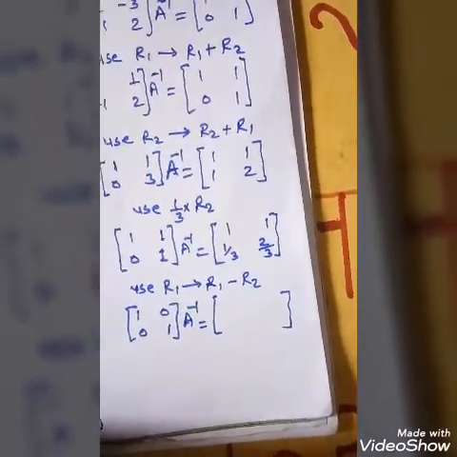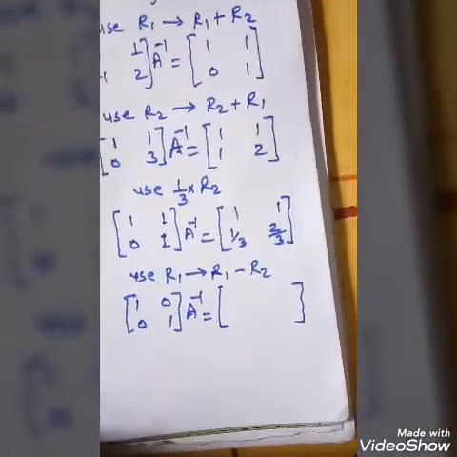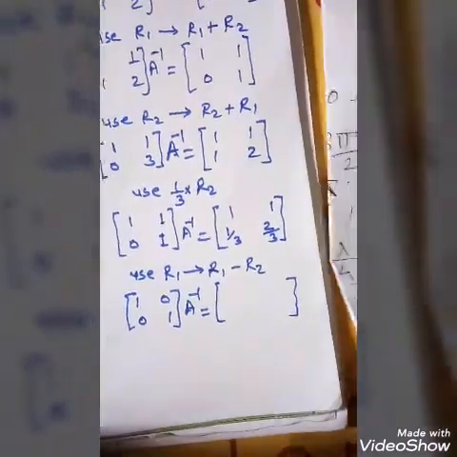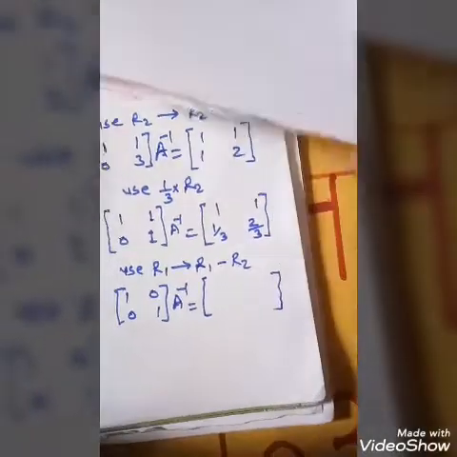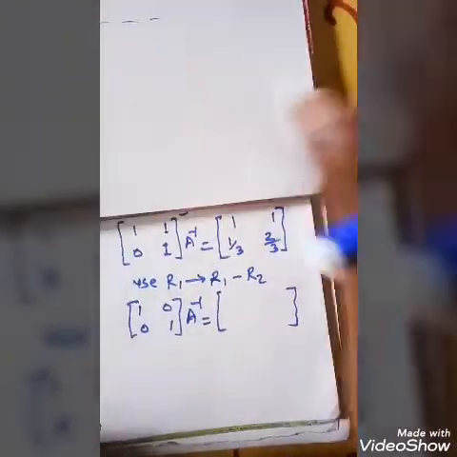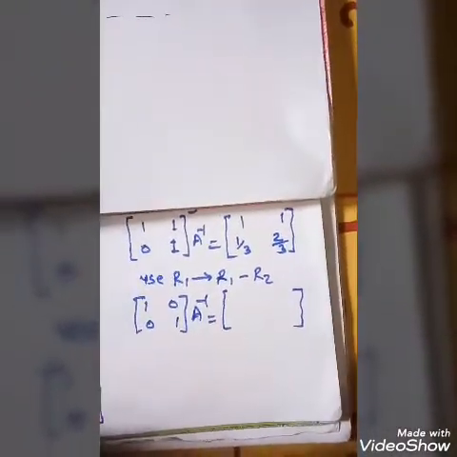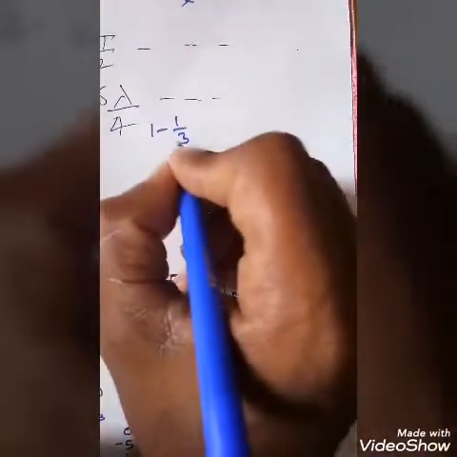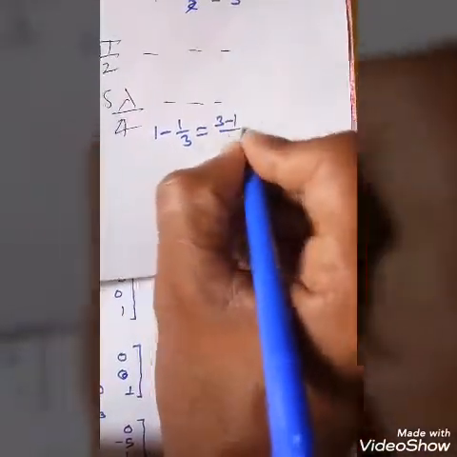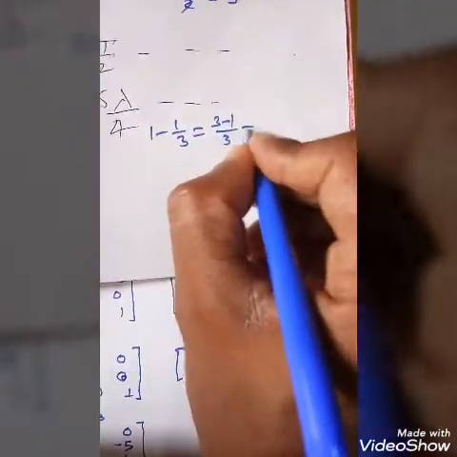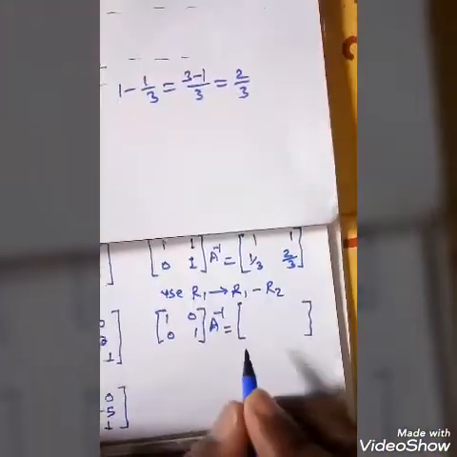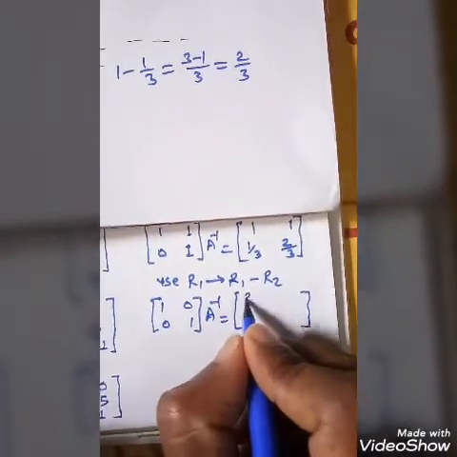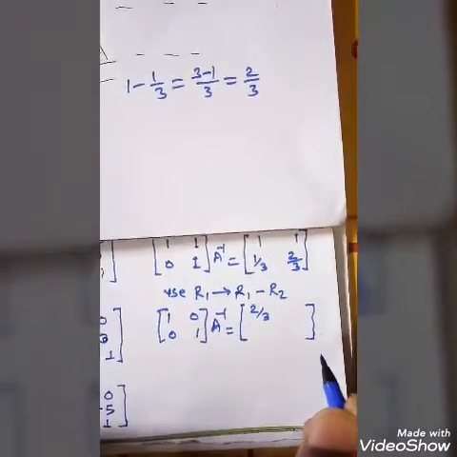When the transformation is applied on the right hand side, there is some calculation with fractions. That calculation we have to do on the rough page. See here, that calculation is done on the rough page. R1 minus R2: the R1 element was 1 minus R2 1 by 3, fraction: 3 1s are 3 minus 1 is 2 by 3, which means the first element is 2 by 3.